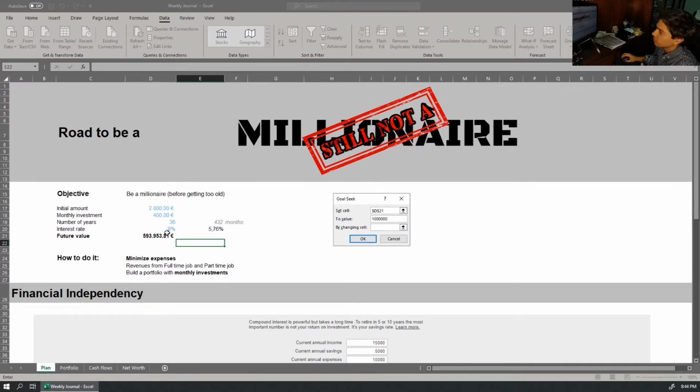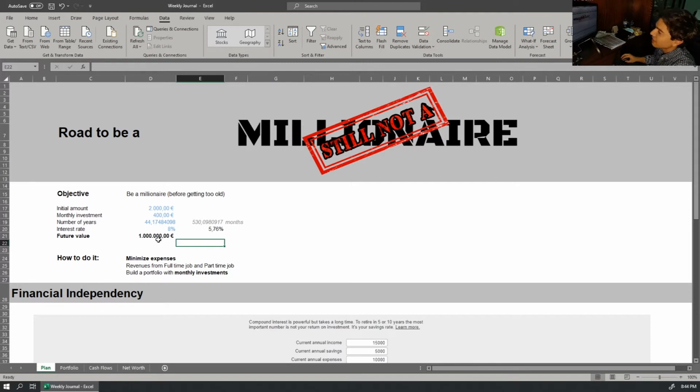For example, you could change the interest rate, or even the number of years. In this case, I want to change the number of years first. Let's see how many years I would need. In order to reach precisely 1 million, I would need 44 years. Considering that I am 23 years old, this means I would end up 67 years old.